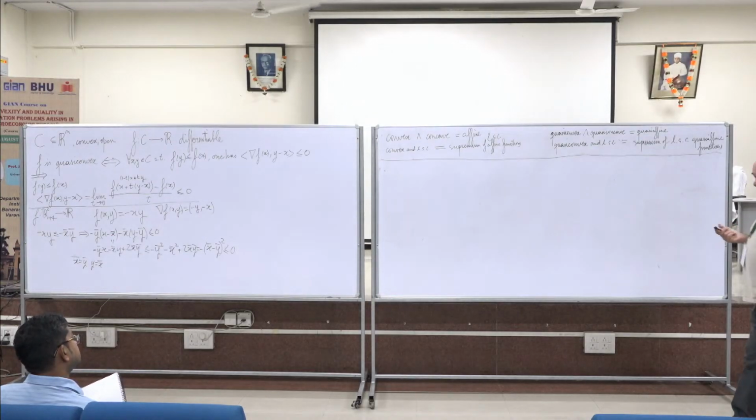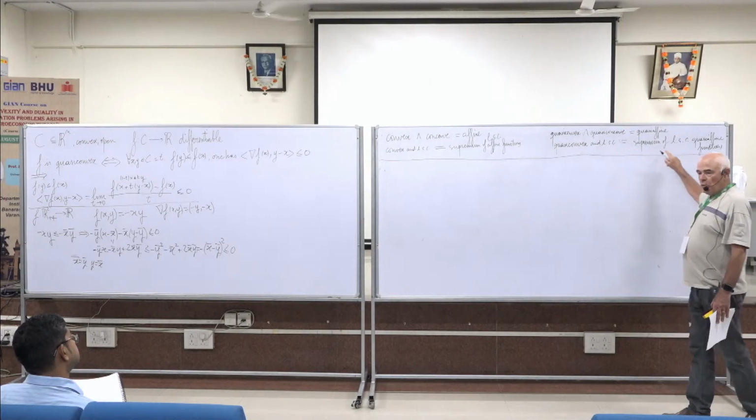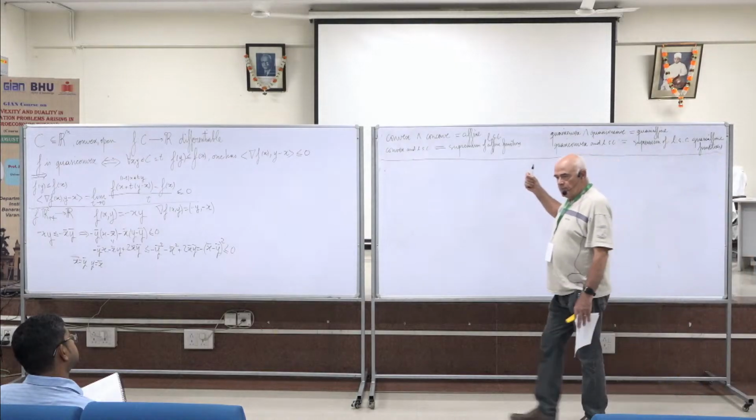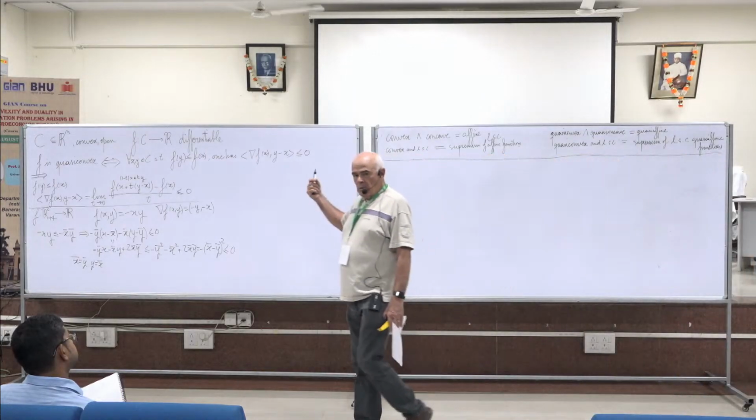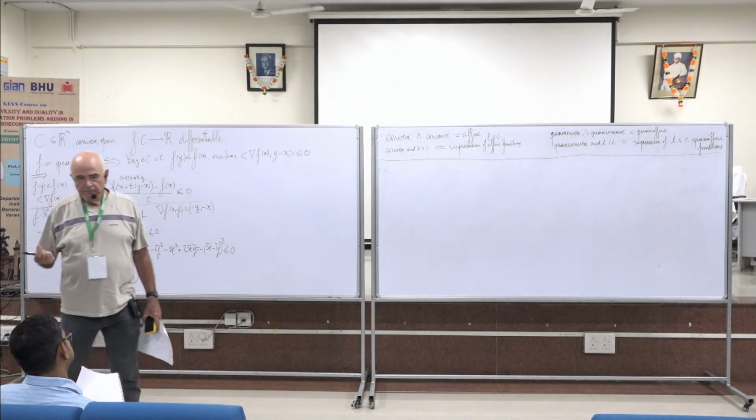The if part is trivial because if I have a supremum of lower semi-continuous affine functions, they are quasi-convex. And we have seen that the supremum of quasi-convex functions is quasi-convex.